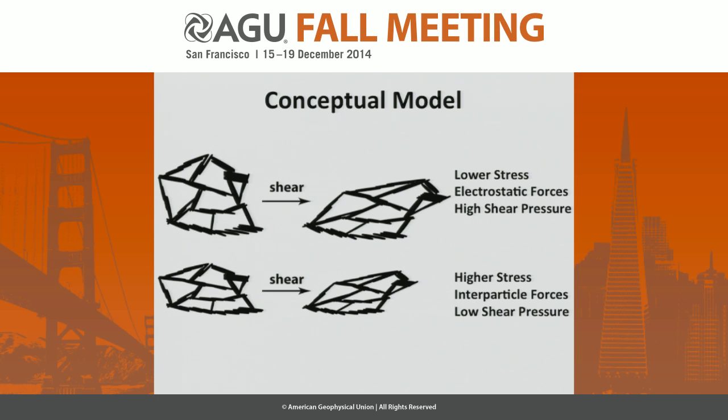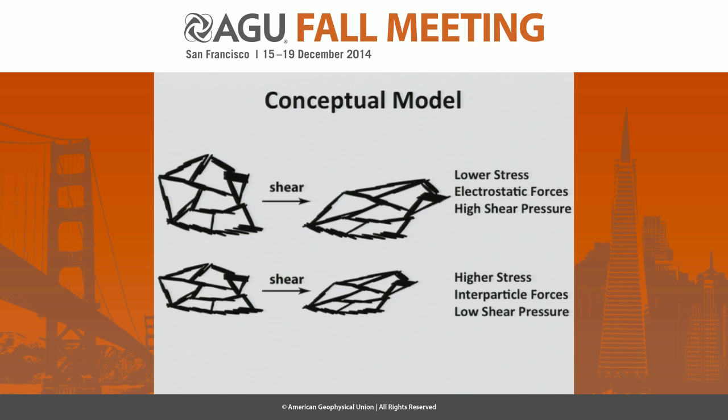So our conceptual model is at low stresses, our electrostatic forces are very important, and that relates to the strength behavior that we're seeing. And it's the collapse of these very big pores, or the attempt to collapse these very big pores, that is generating shear pore pressures that compare to the overburden stress. As we consolidate things or bury them deeper, those pores get smaller and smaller.